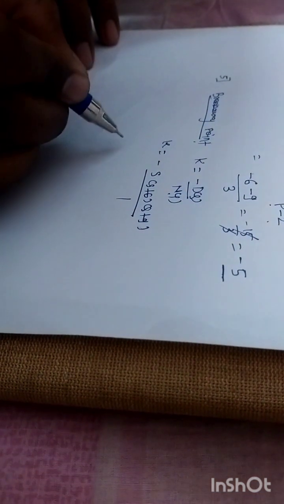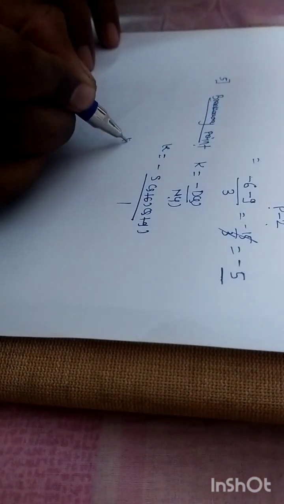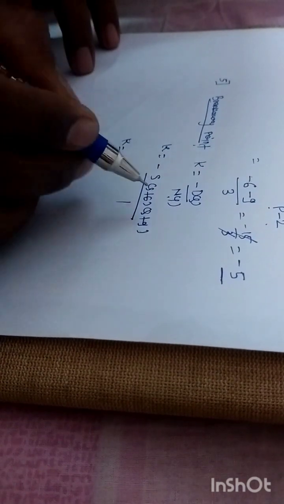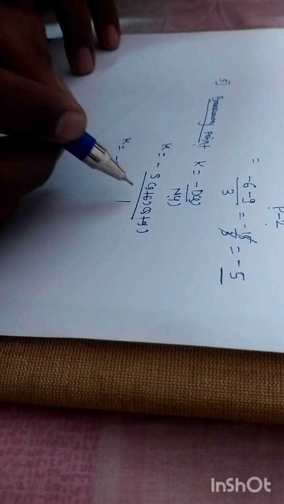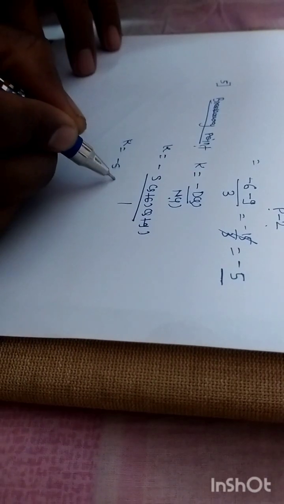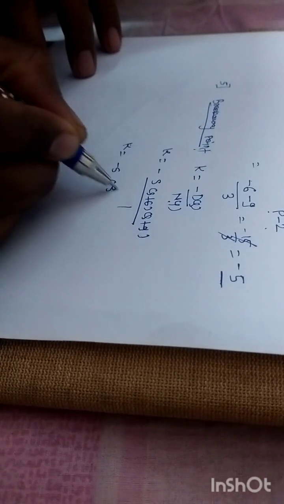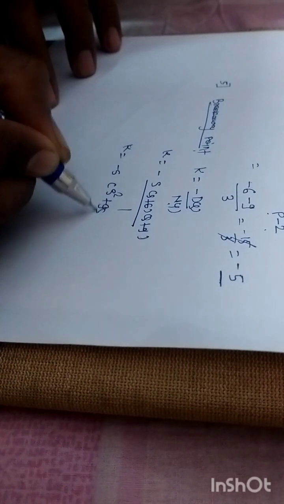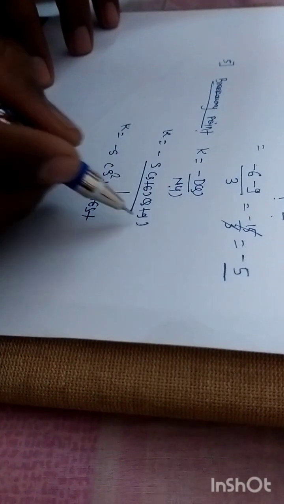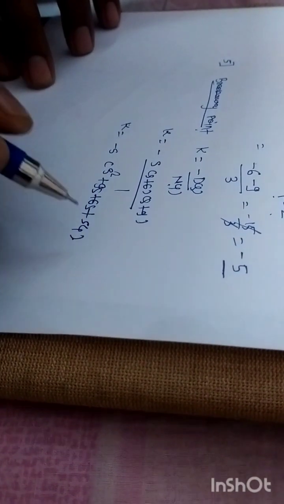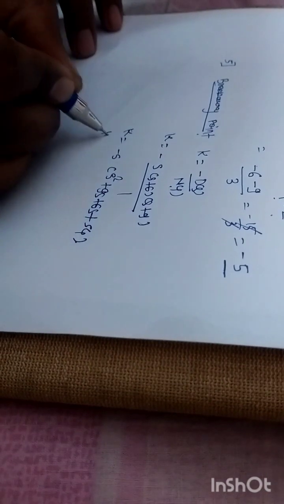Now we need to simplify this denominator polynomial. K will become minus s times (s square plus 9s plus 6s plus 54), with term by term multiplication.